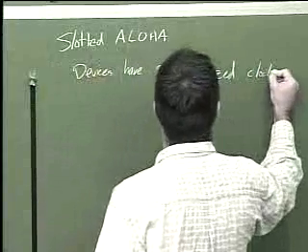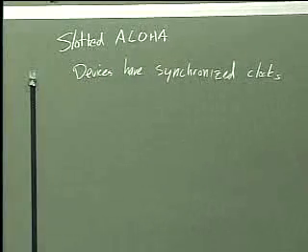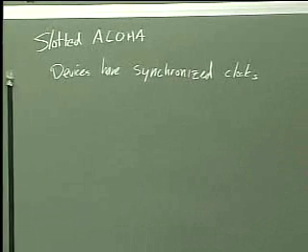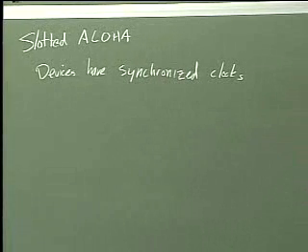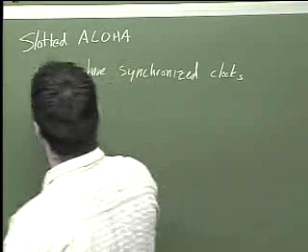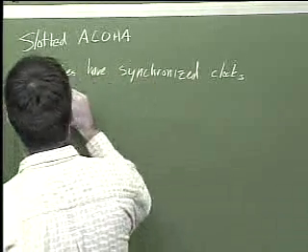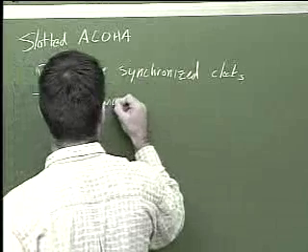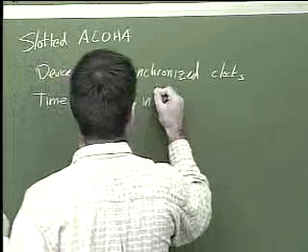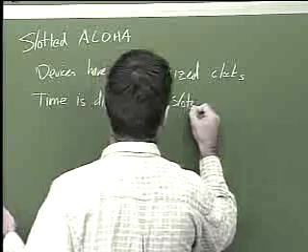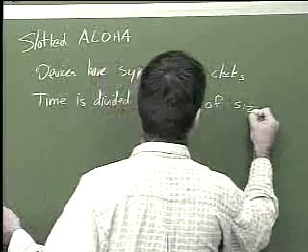Note that Aloha and carrier sensing Aloha never really needed device clocks to be in sync with one another. There was no timing mechanism. And time is divided into chunks, or slots, of size capital T.